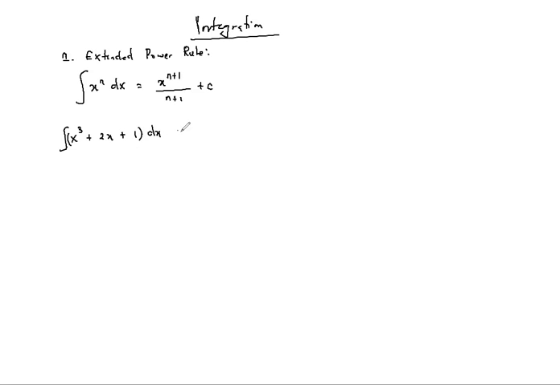So you say the integral of this is x^4 over 4 plus 2x^2 over 2 plus x plus a constant. So it becomes x^4 over 4 plus x^2 plus x plus c. The idea is when you differentiate your answer, it must give you the question.